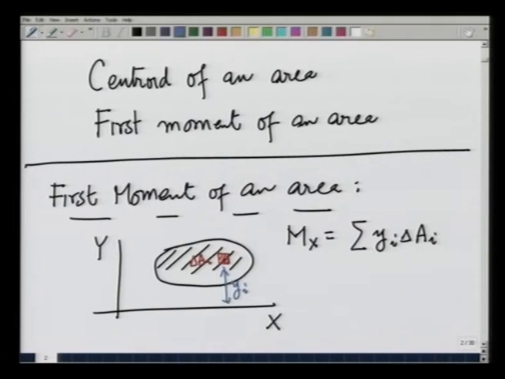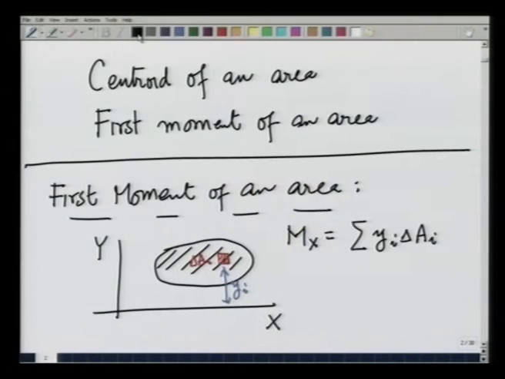So, what am I doing? I am taking small elemental area delta a i and multiplying it by the distance from the x axis and summing it up. In a continuous distribution, you know from your course in calculus, this is nothing but integral y dA. That is the first moment about the x axis.